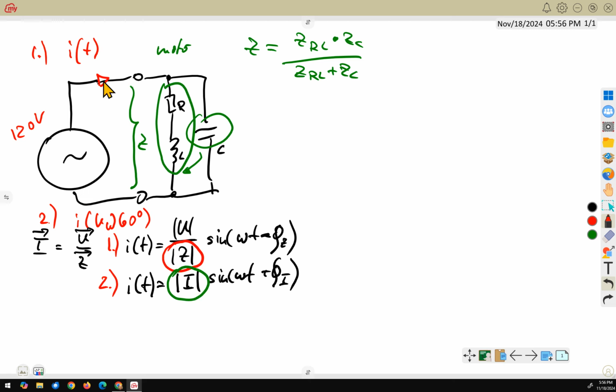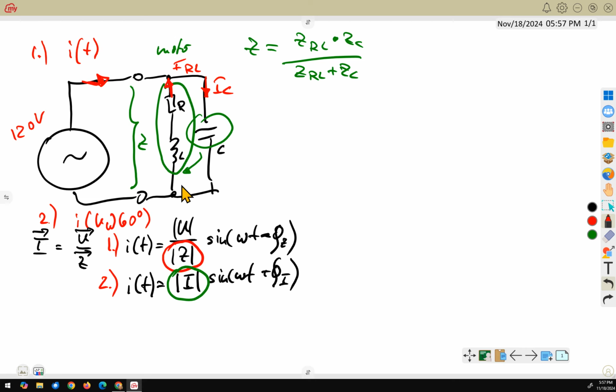If we see the current here, what is the sum of this current? I draw the current like this, let's say this one, I give it this direction. So the RL branch current, IRL, and the capacitor current, IC. I give them different directions because on an inductor, the current lags by 90 degrees, therefore I give it this direction.